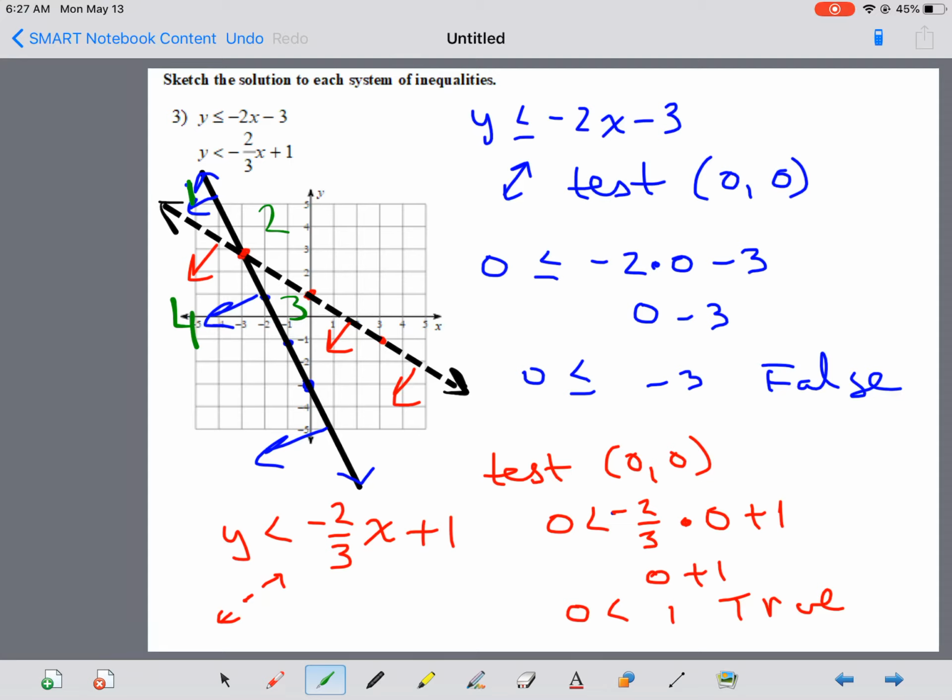In region 3, the red line would be shaded but not the blue. In region 1, the blue would be shaded, not the red. But if you look down here at the region I numbered region 4, both the red and blue shadings overlap. So that's our solution to this system.